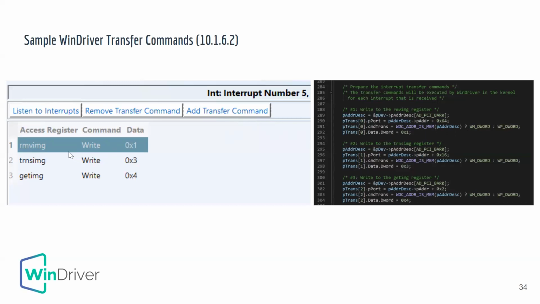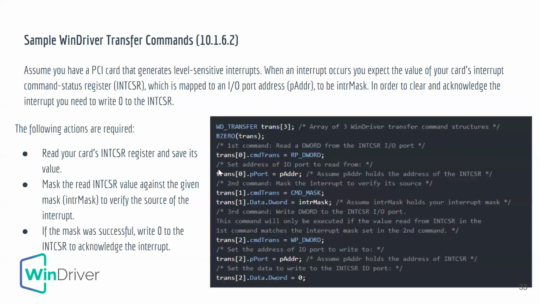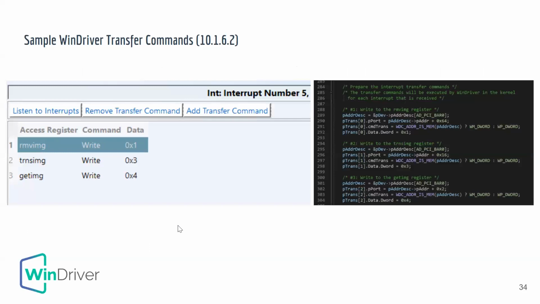You can create the transfer commands in the GUI wizard. It will be much more convenient than writing it yourself, and then you can just copy and paste it into your existing code. Or you can work with the generated code as well. So these are transfer commands.